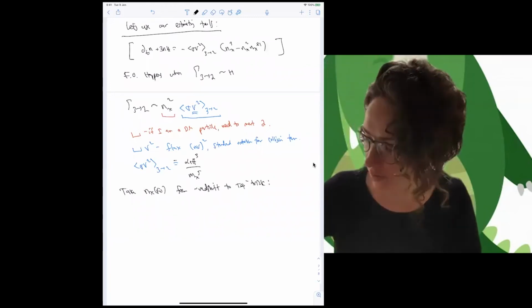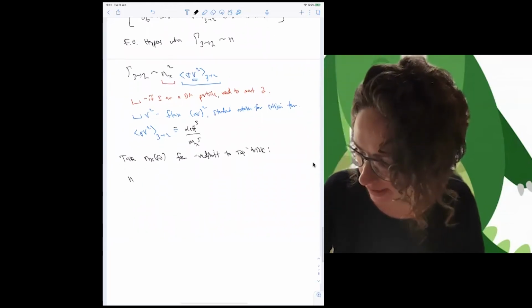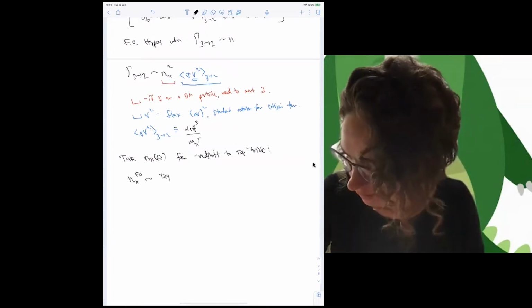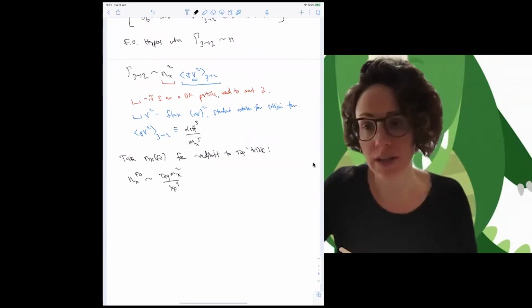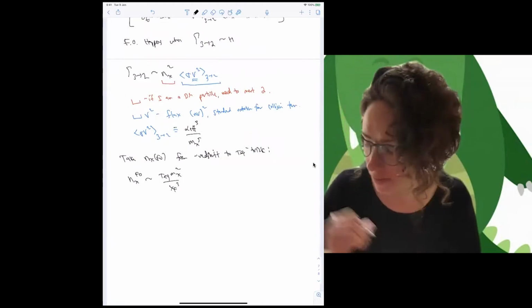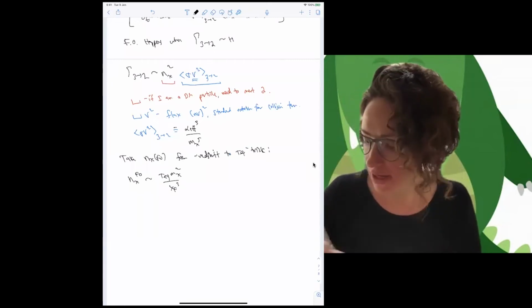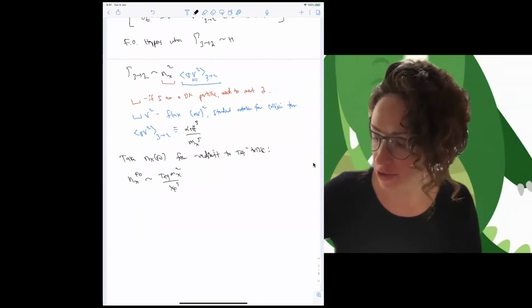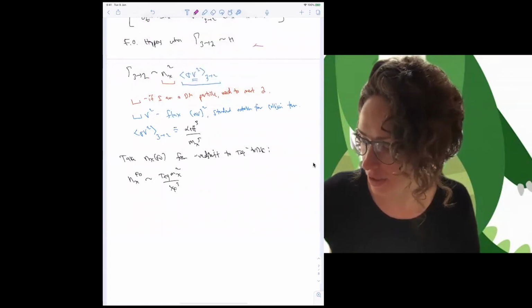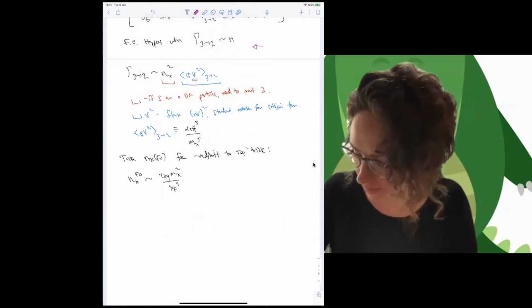I remind you what we had over there was that n chi at freeze out went like T equality m chi squared over x freeze out cubed. That was the first thing that we derived together today. So I'm going to use this and just plug it into my freeze out condition that's sitting up here. Right, here's our freeze out condition. Okay, so let's do that.